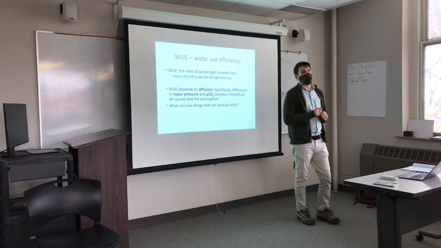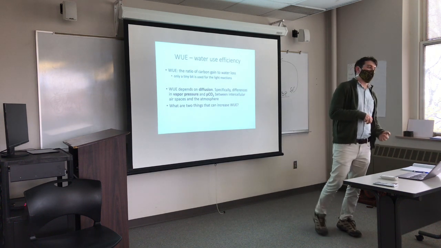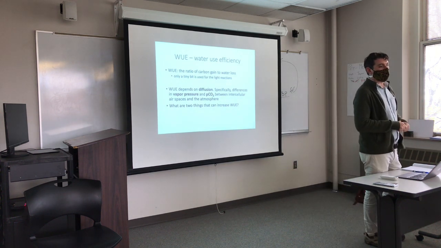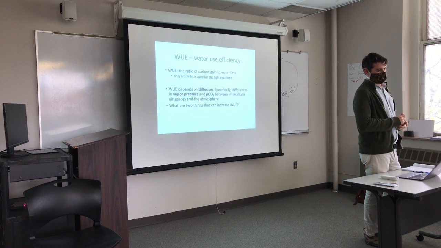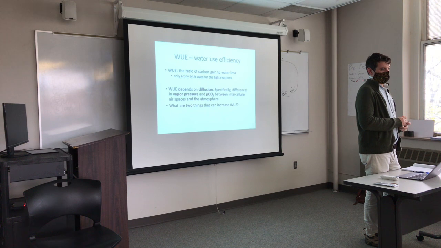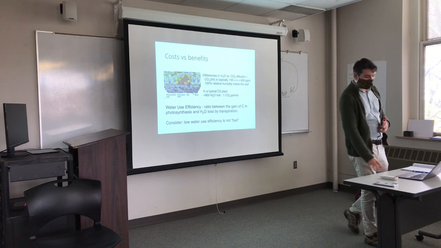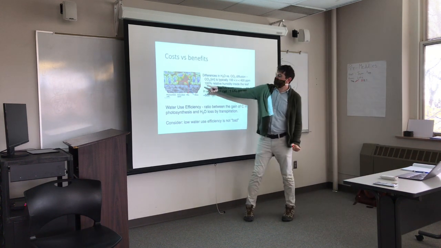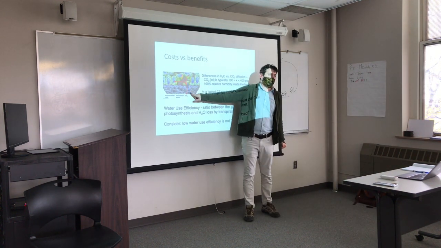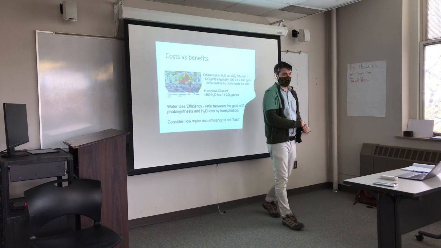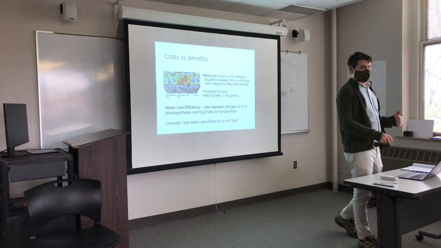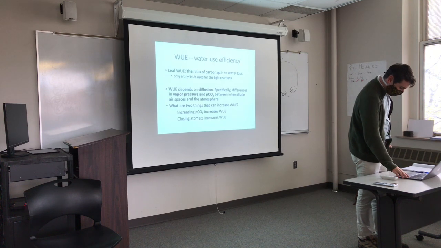You want to lose less water per unit carbon gain. What would you do as a plant? Can you think of a way that you might manipulate the amount of water lost through the stomata? You could close them. Yeah, you could close the stomata.